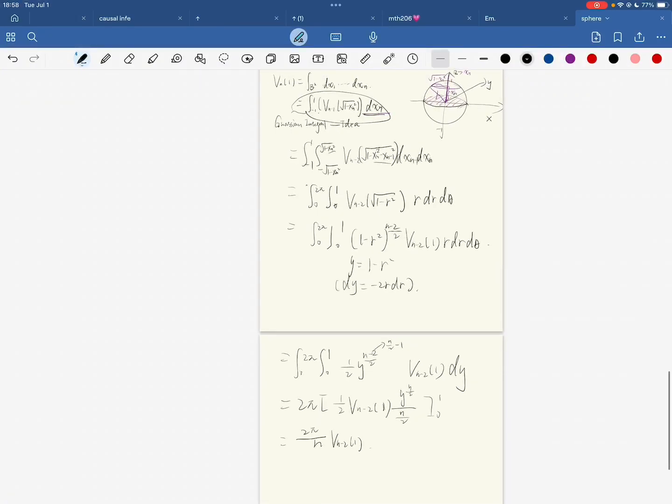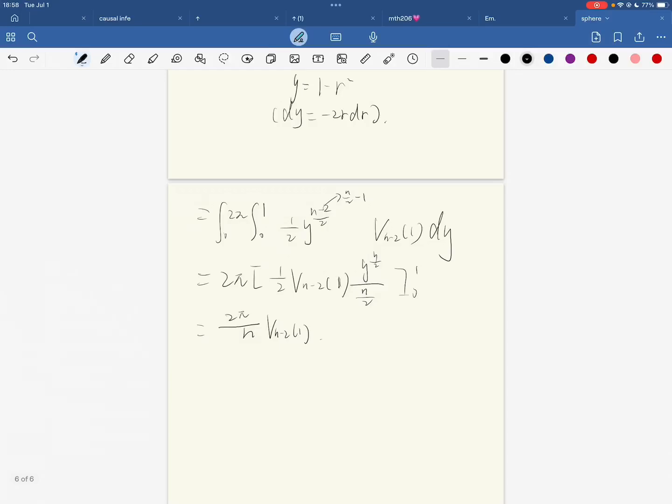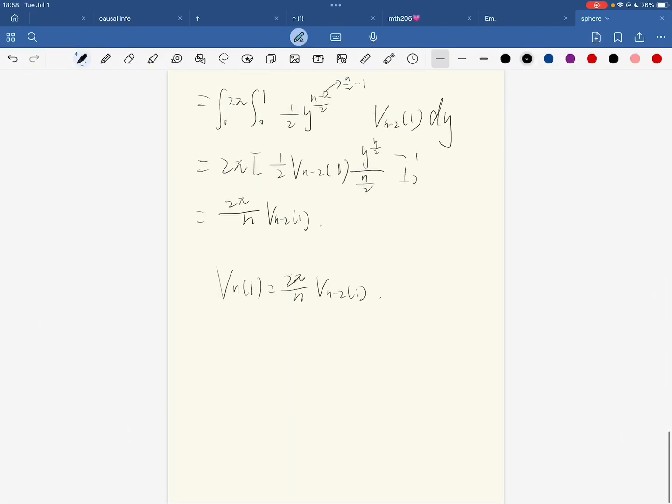Now we know a very important iteration, which is followed by that.